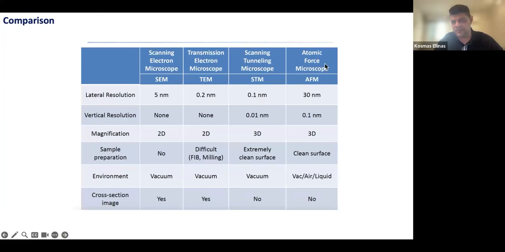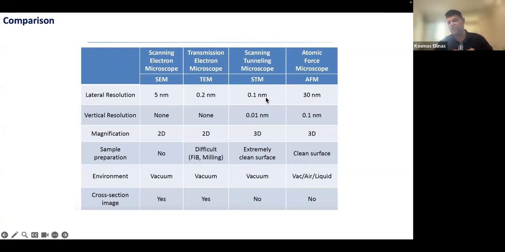So if we wanted to compare again all the microscopy techniques, we would choose depending on what we want to see. If we want to see something with a very good resolution, I would go with the SEM, not an optical microscopy, but it is not necessary to use a TEM or STM.